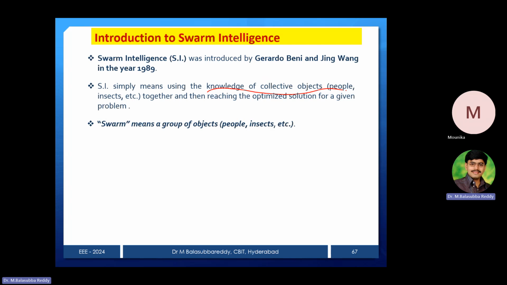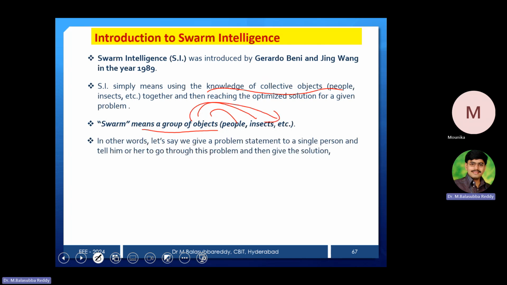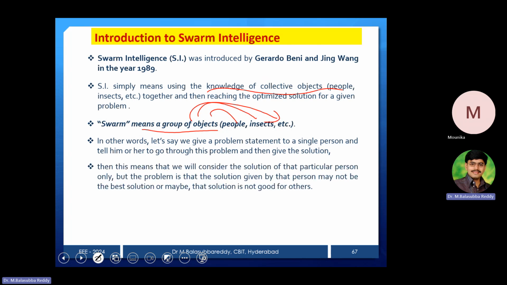That's what it means: a group of objects. An object, in general, may be people, or insects, or animals, or something like that. Let's say you give a problem statement to a single person and ask him or her to go through this problem and give a solution. Suppose I ask one person to solve this problem, then we will consider the solution of that particular person only.